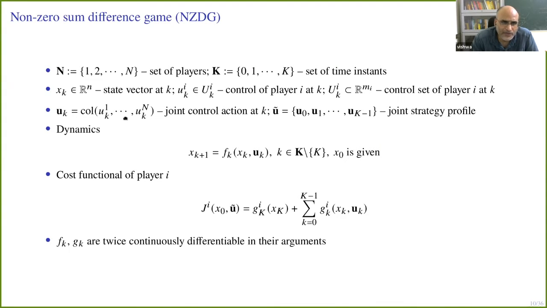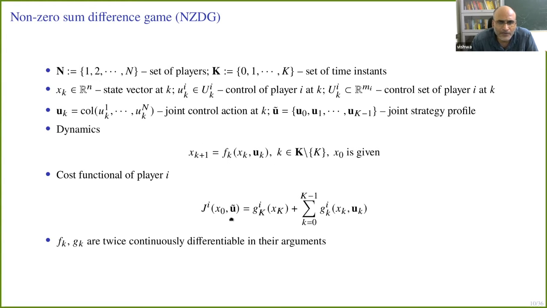This bold UK is basically the joint controls of players at time instant K, and U tilde is basically the joint strategy profile of all the players. And the dynamics here is that the state evolution is influenced by the control actions of all the players, and it's given by this equation.